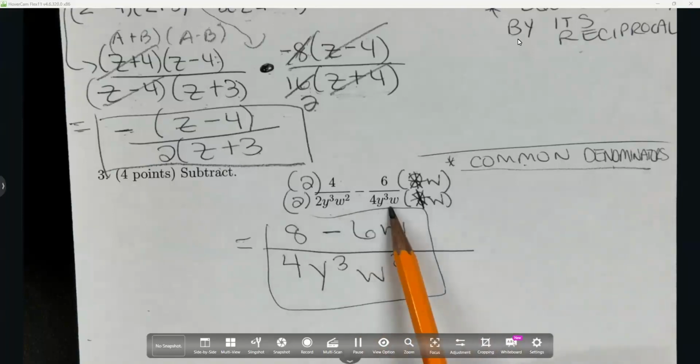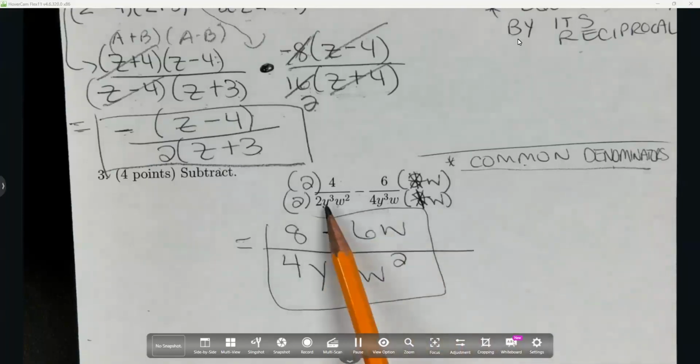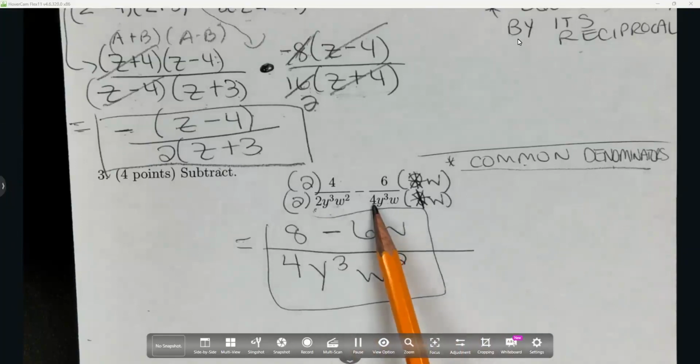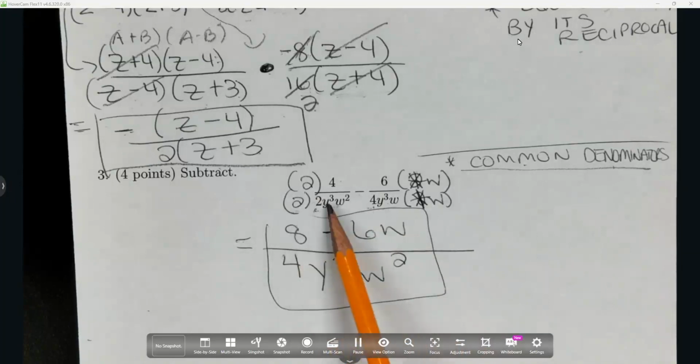Our denominators are not the same, but they're very similar. See, I have 2 in the denominator of my first fraction. I have 4 in the denominator of my second fraction. So I can make these two the same if I multiply the left side, my denominator, by 2, right? 2 times 2 will make this a 4, which will make them equivalent.